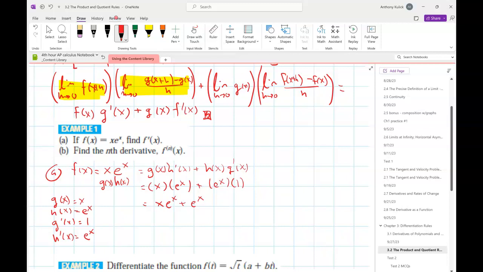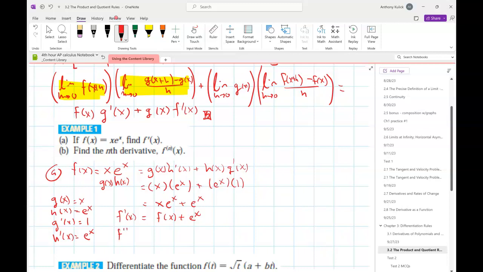Everybody's okay? That's it, I'm done. Yeah, derivative's done. Notice here that this is really just the derivative of f, which was f of x plus e to the x, right?